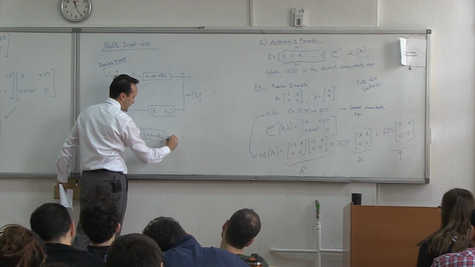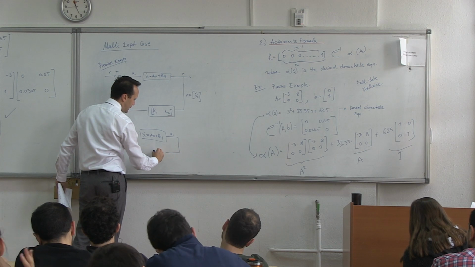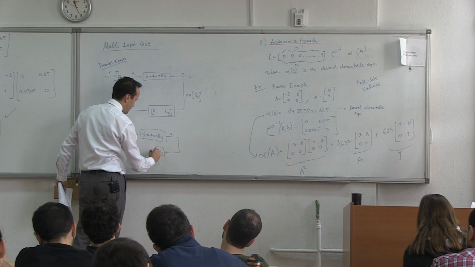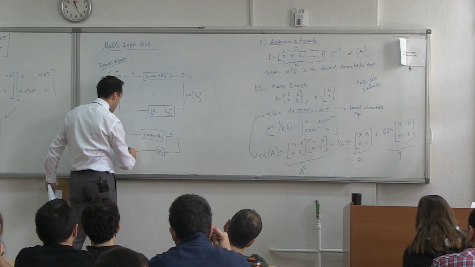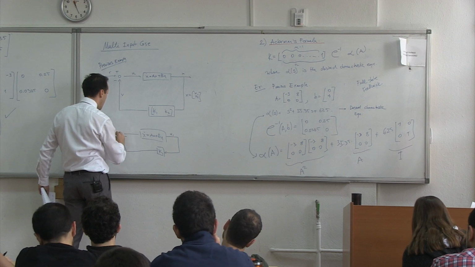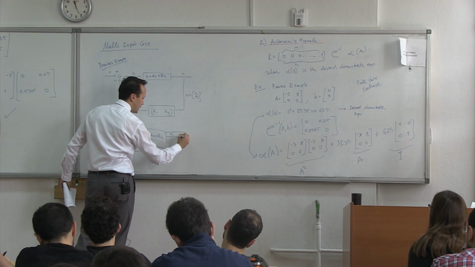right? You would take x1 multiplied with k1, subtracted here, this is r, and you will get another one.